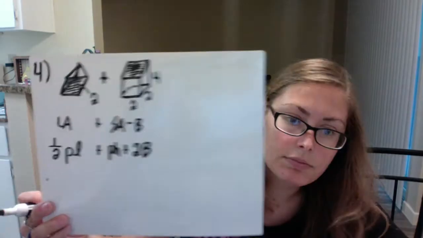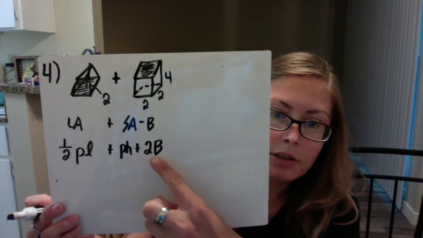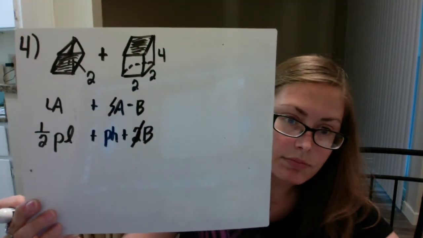So we have 1/2 PL plus PH plus 2B, but we only need one of the B's. Fill in the information we have. 1/2. Our perimeter is 8. 2 plus 2 plus 2 plus 2.